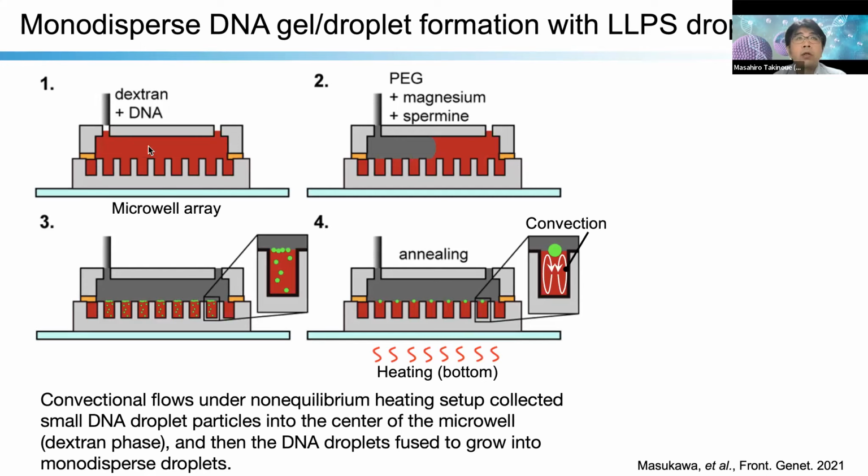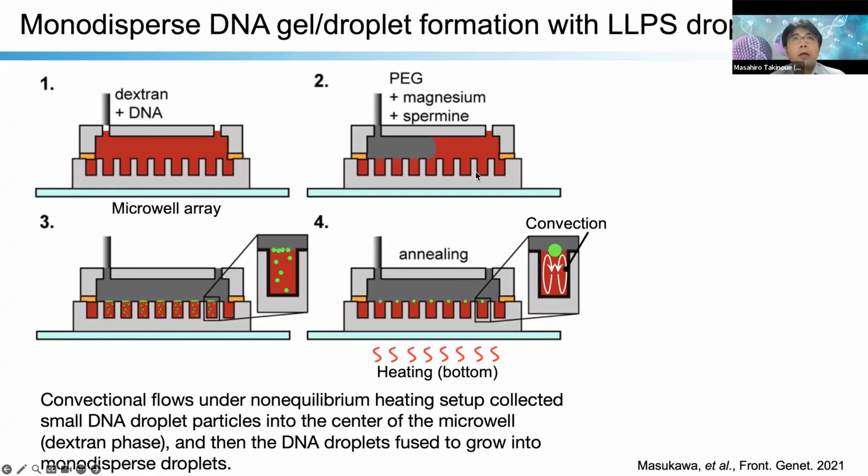The red colored solution is the dextran phase with DNA Y motif. That is introduced into the microchannel like this. After that, we introduce the PEG phase. In this condition, the PEG and the dextran phase separate from each other, so the dextran phase is confined in the microwells like this.